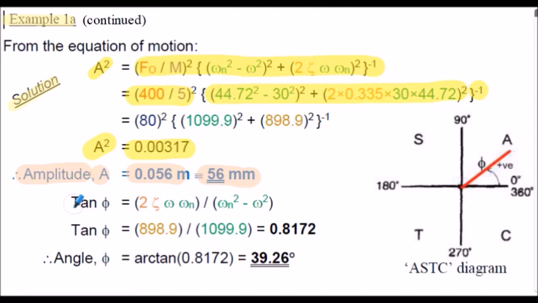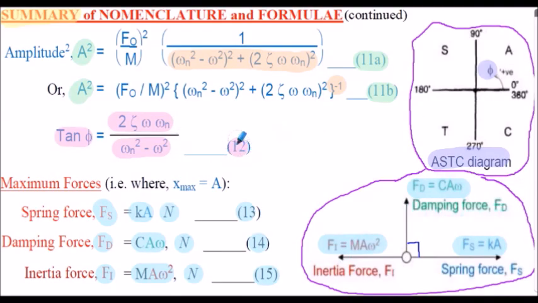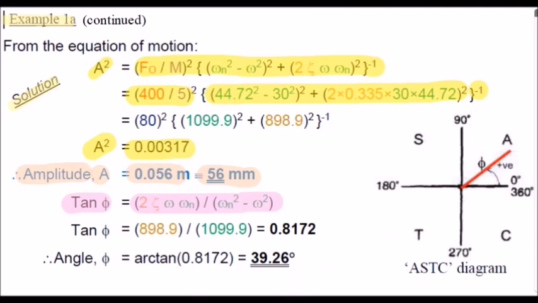Now we're going to find angle phi. So using the equation tan phi is equal to this expression, and that's equation 12 on our summary slide, which is written on one line here. And again, inserting the values, notice they were actually calculated up here, so we can just use these values for ease of reference.